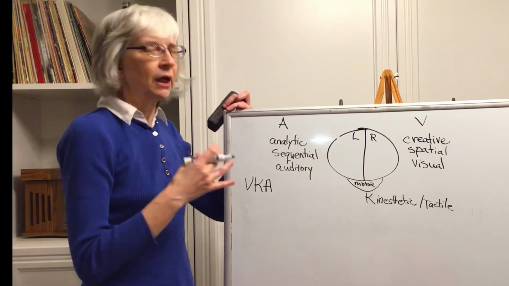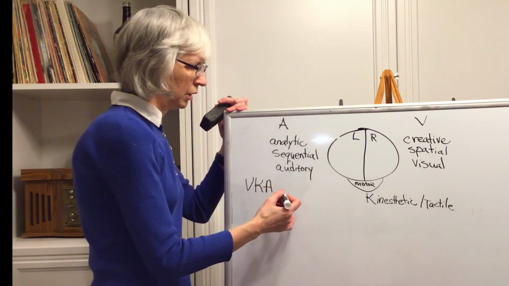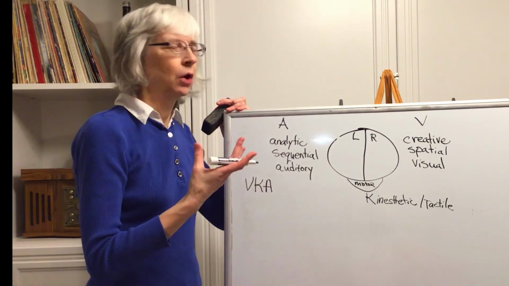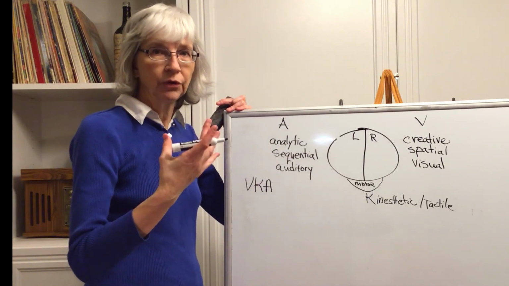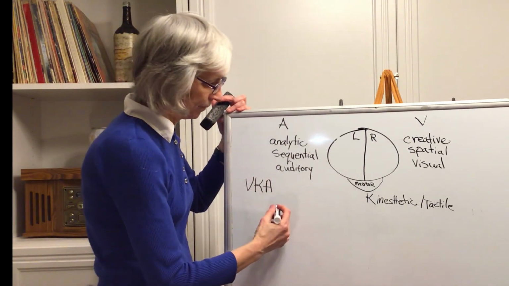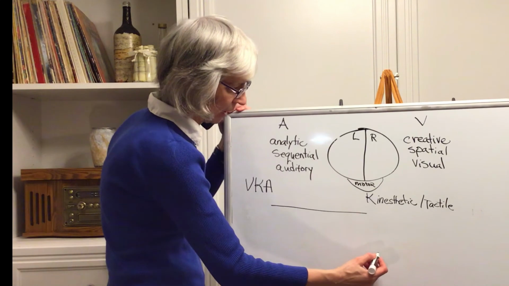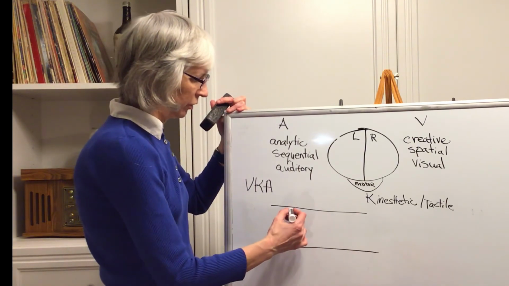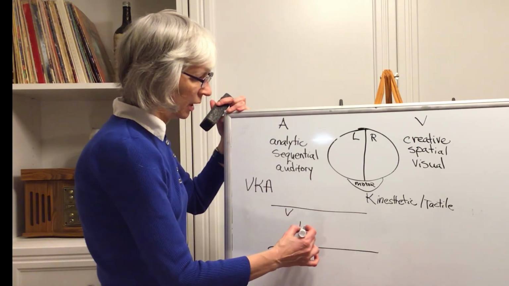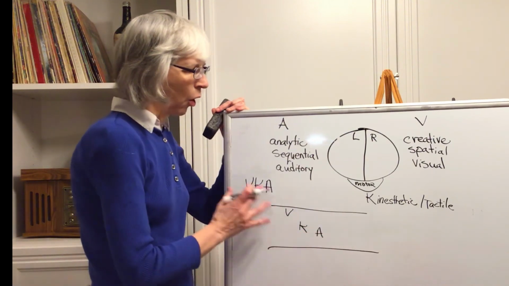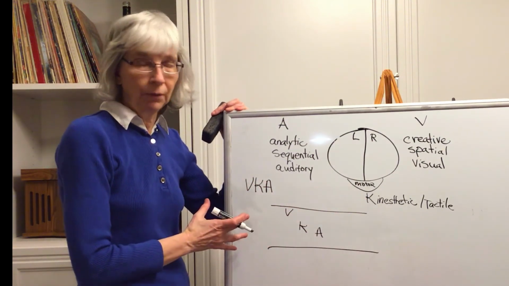So a VKA learner who is well adjusted and within the realm of normalcy, you would have the V, the K, and the A all within the realm of normal.